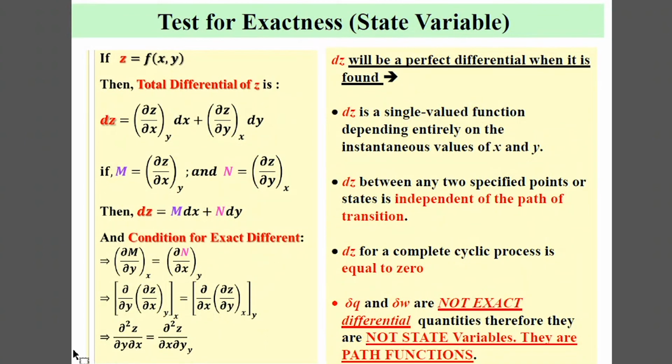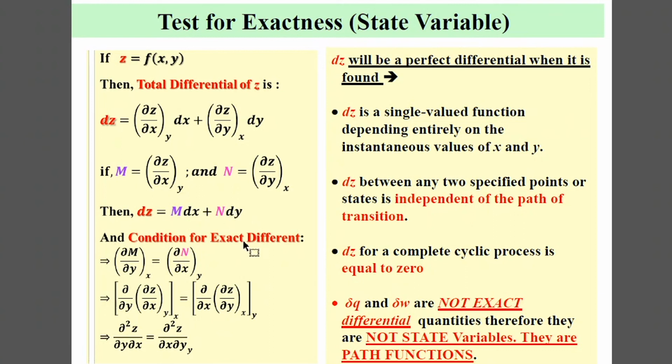If we have a function z, which is a function of x and y, the total differential of that function z is given by how z is changing with respect to x, keeping y constant, into the total change in x, plus how z is changing with y, keeping x constant, dy. If I represent this part as m and this part as n, then I can write the total differential as m dx plus n dy.